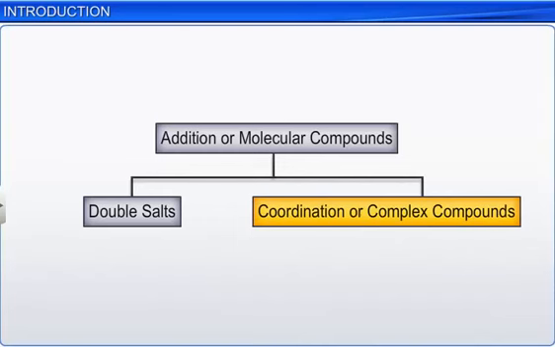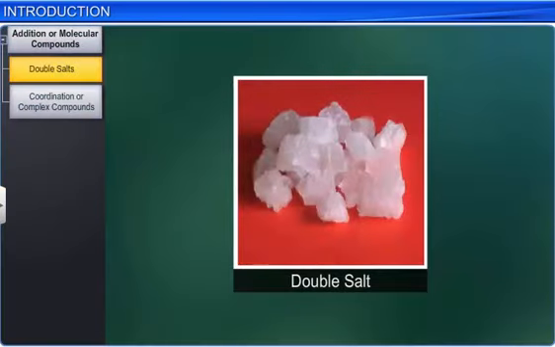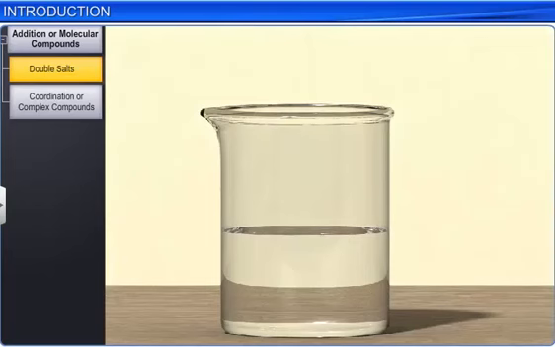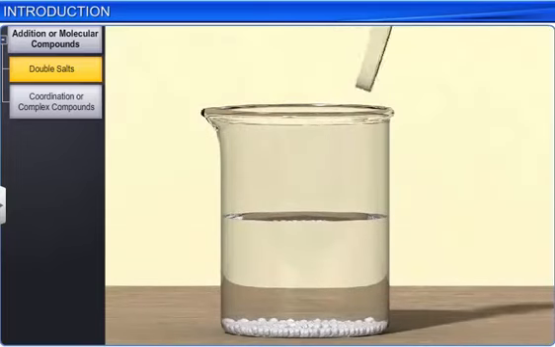Double salts are molecular compounds that are stable in the solid state but break down into individual constituents when dissolved in water.